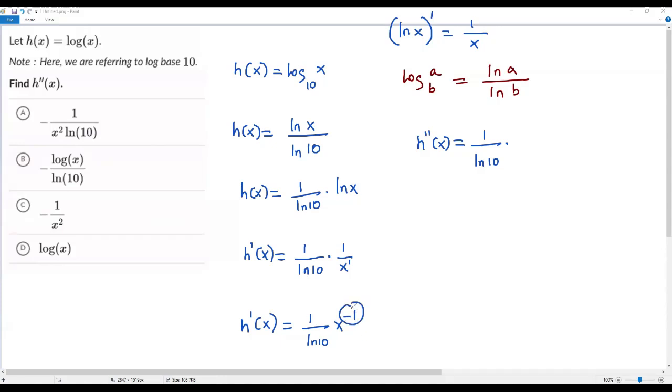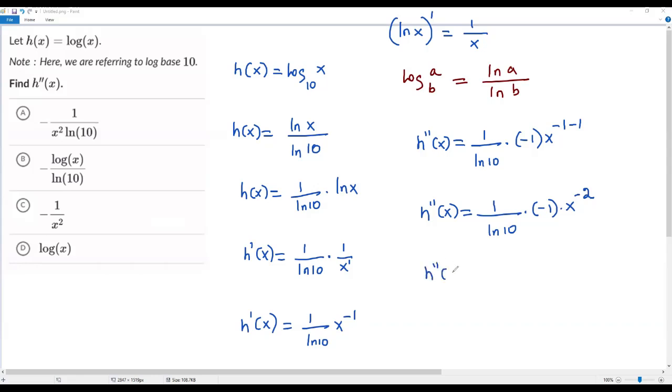That is, I have to bring this exponent in front of the variable and subtract 1 from the exponent. When I do so, I'm getting negative 1 times x to the power of negative 1. So again, I just brought this exponent negative 1 in front of the variable and subtracted 1 from the exponent. Now h double prime of x equals 1 over ln 10 times negative 1 times x to the power of negative 1 and negative 1 will become negative 2.